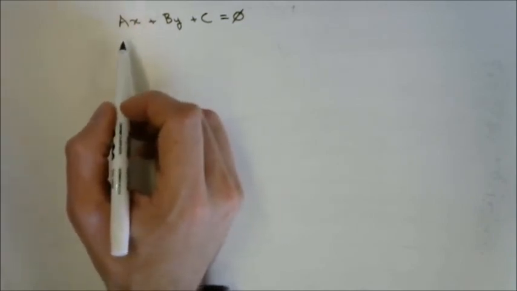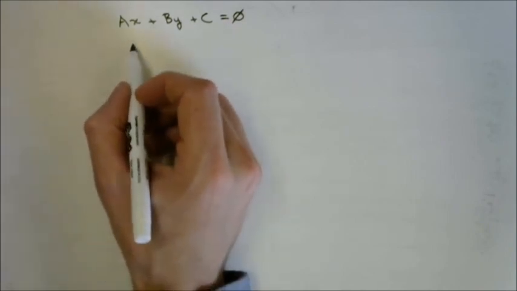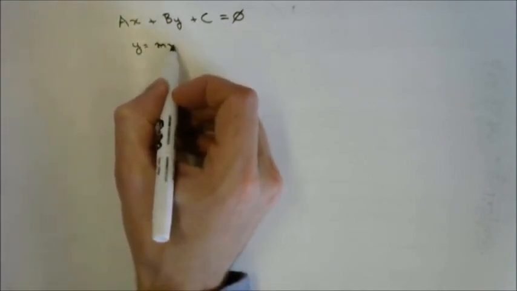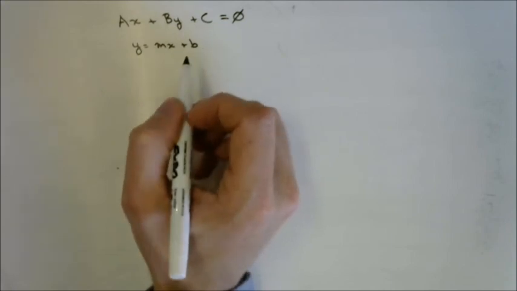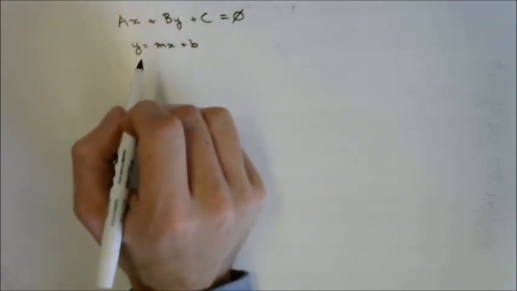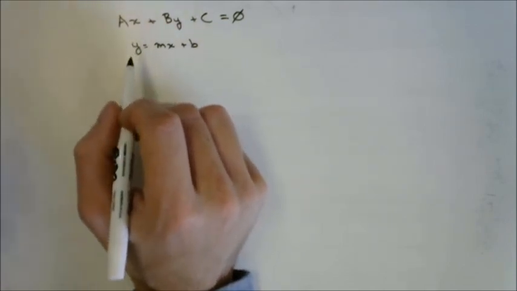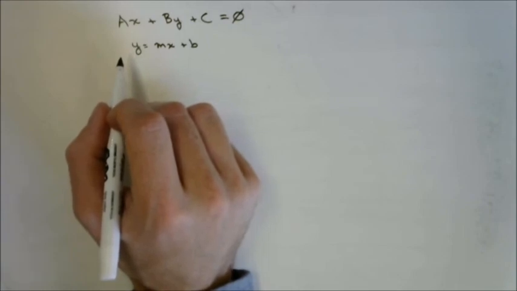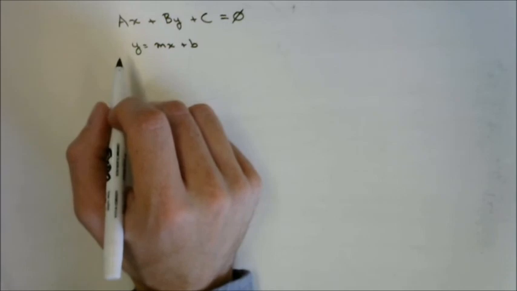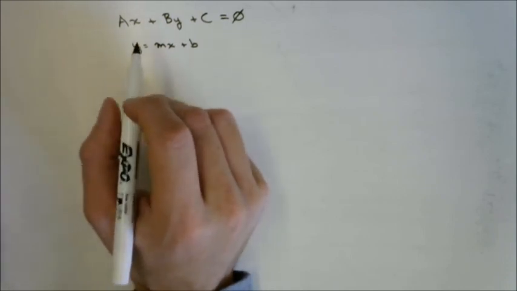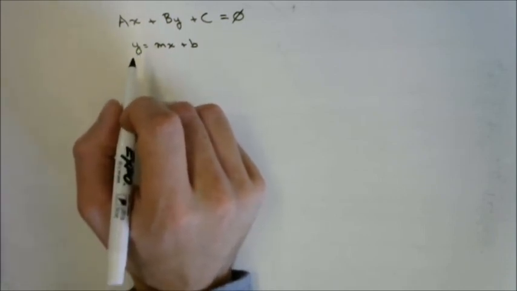Good. Slope y-intercept form: y equals mx plus b. So, by tomorrow, you should have absolutely memorized both of these forms, and you should be able to comfortably swap between the two using basic algebra skills, rearranging equations. Absolutely, by tomorrow, 100%.